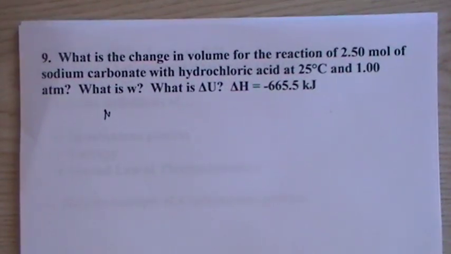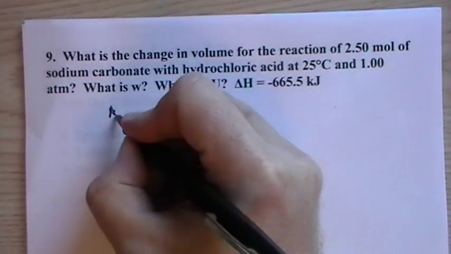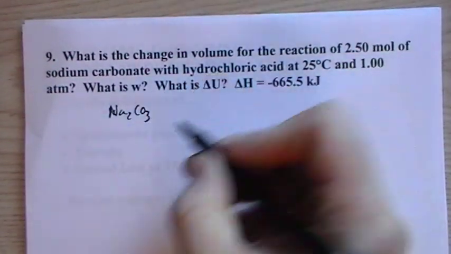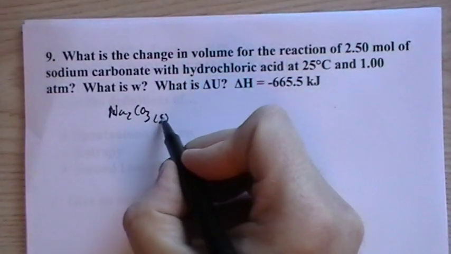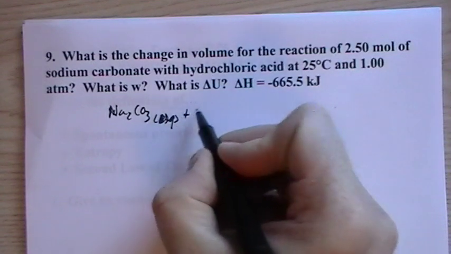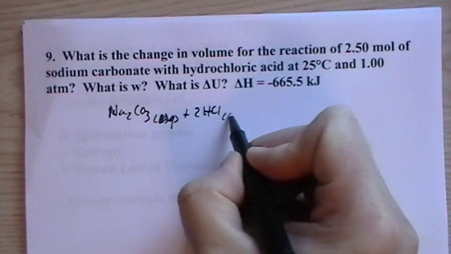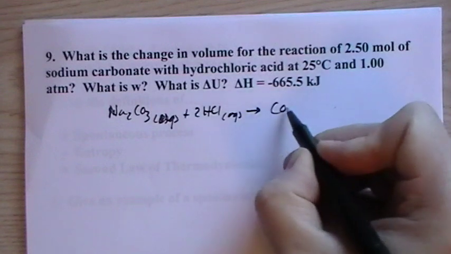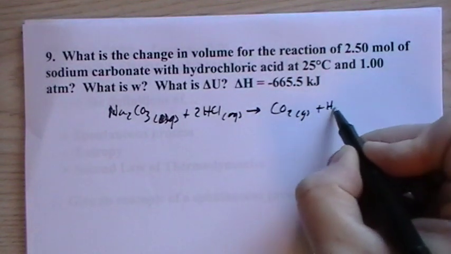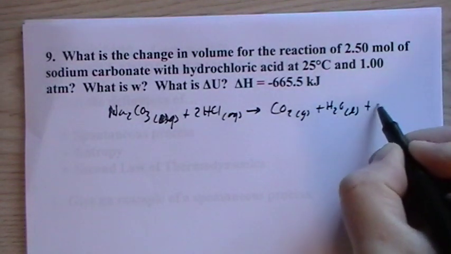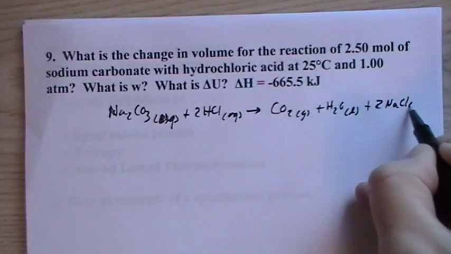Now I'm going to put one up here. I'm going to have to do this very quickly because we don't have a lot of time. So the formula is sodium carbonate, aqueous, plus 2HCl, aqueous, goes to CO2 and water, plus 2 sodium chloride, aqueous.